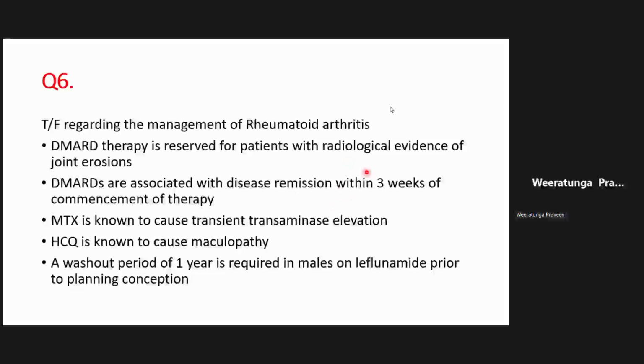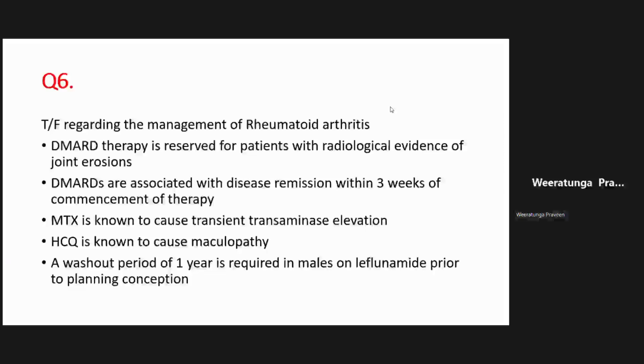Now the problem with disease modifying drugs is that they take time to start working. They usually take more than 3 weeks to start working and about 4 to 6 weeks to achieve remission. So that is the slight problem with disease modifying drugs, because they take time to kick in.